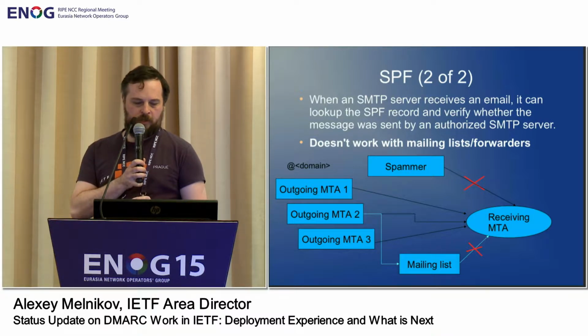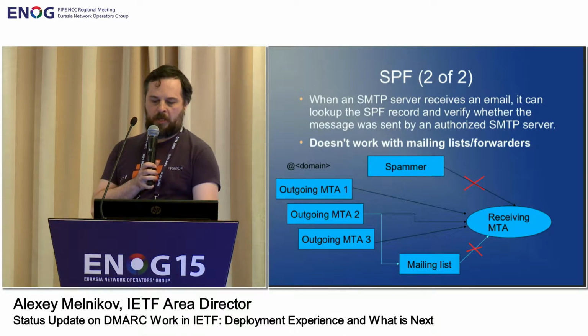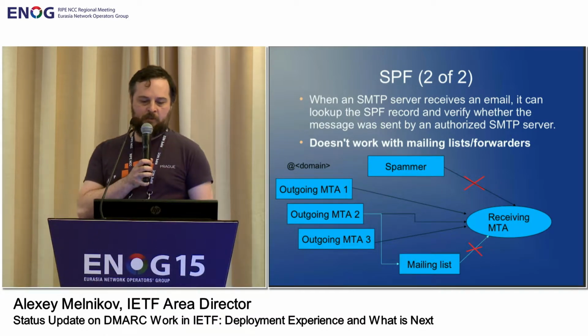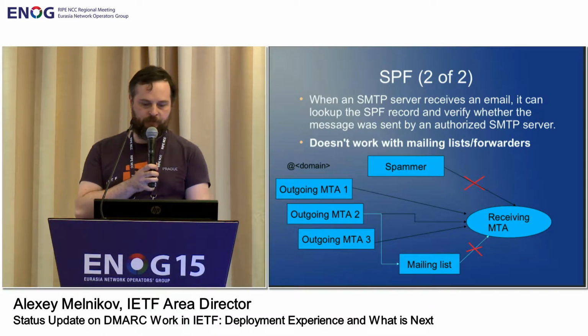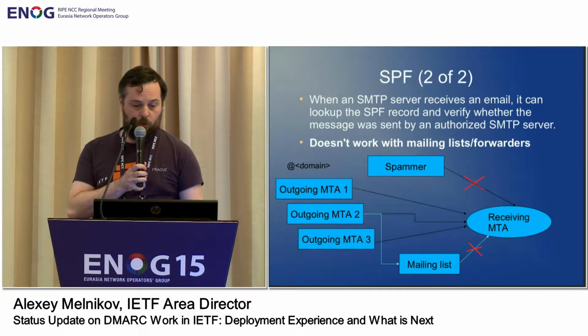But the other side of it is if your users are participating in mailing lists. Although messages will be sent from a designated MTA to the mailing list, when it gets forwarded from the mailing list to the receiving MTA, it will look to the receiving MTA as if it's coming from a spammer. So basically, SPF doesn't work for mailing lists and forwarders.